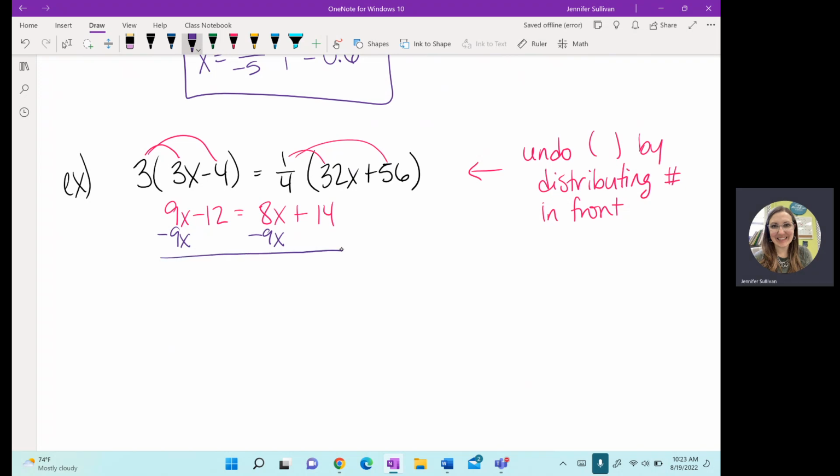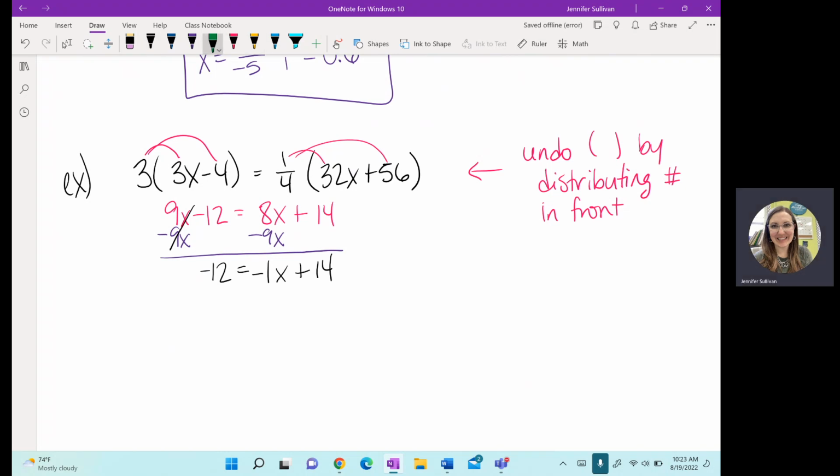Once you do your first step, it kind of points you along the path of what to do for your next steps. So my 9x and -9x cancel, and I have -12 equals 8x minus 9x is -1x, and then plus the 14.